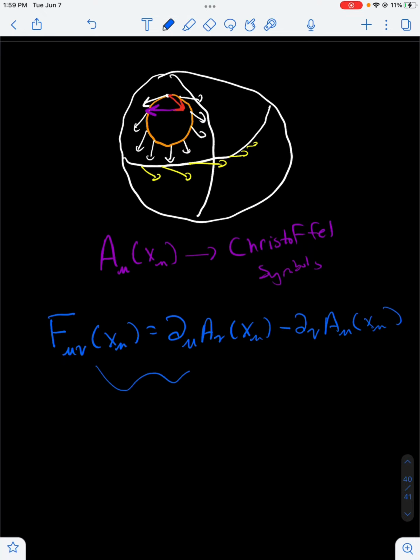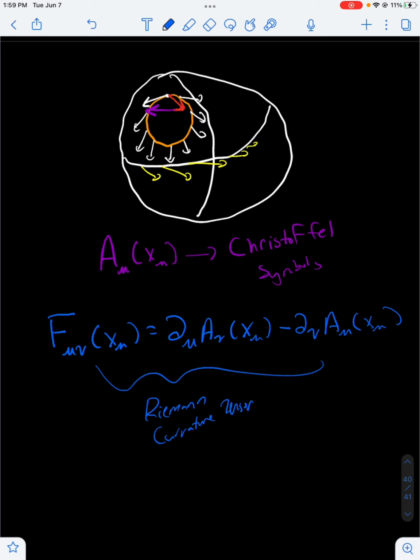So this is called the Riemann curvature tensor, which tells us how curved our space is. And the curvature tensor is actually the Faraday tensor.